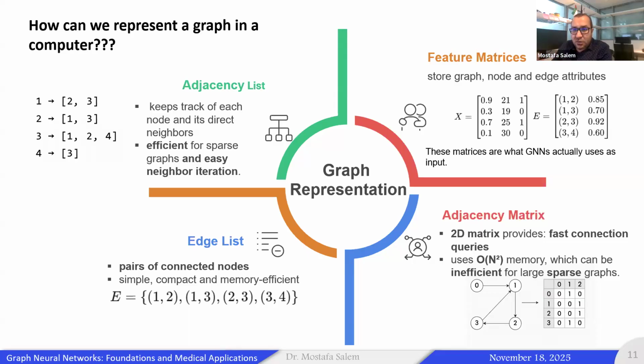I have 3 ways to do that: adjacency matrix, edge list, and adjacency list. The adjacency matrix takes a lot of memory, on the order of n squared, so it is not efficient for large graphs. The second option is the edge list, which is very memory efficient. The third one is the adjacency list, which is efficient for sparse graphs and easy neighbor iteration.